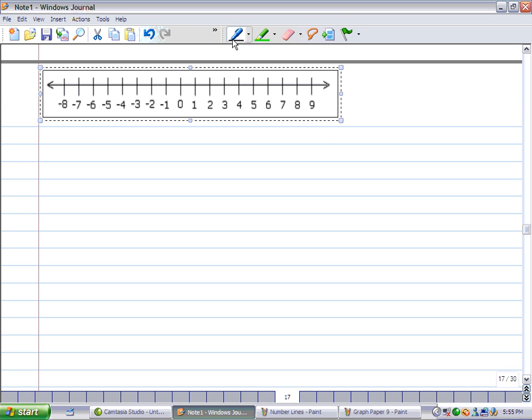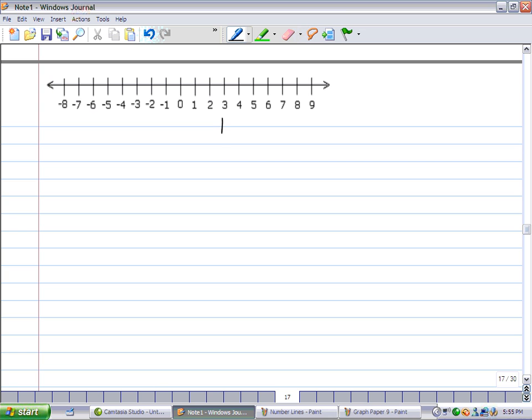If I have, for example, 3 and 5, 3 is less than 5. But look over here. Negative 5 is less than negative 3.